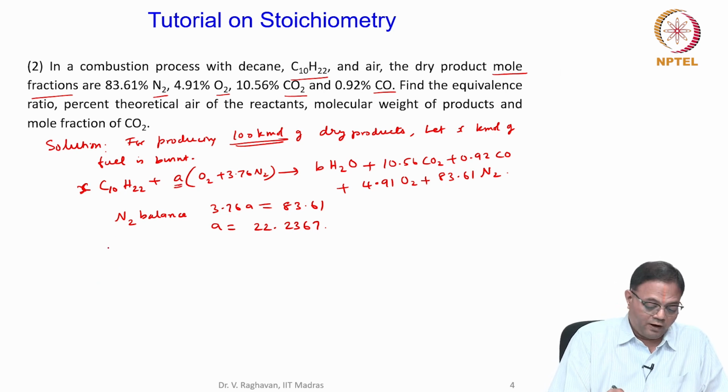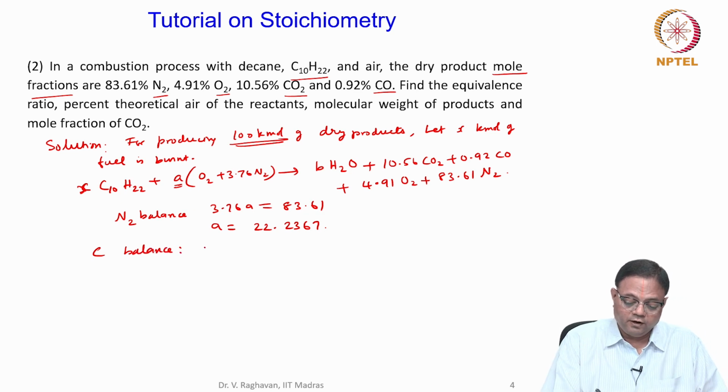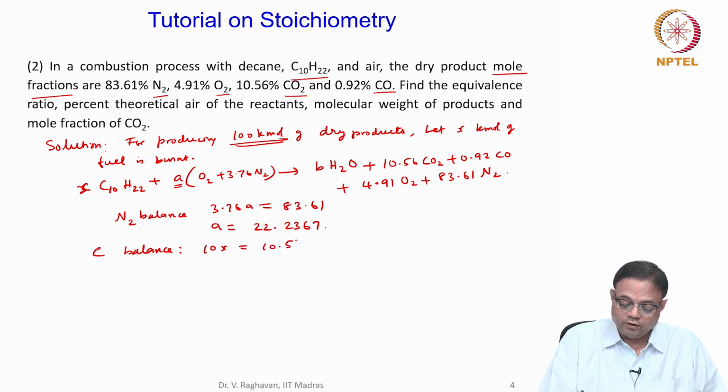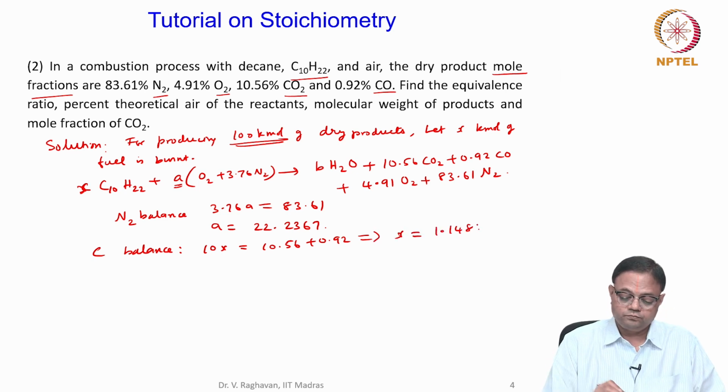Now I will say C balance. That means here 10 into X equal to right hand side 10.56 plus 0.92. That implies I can solve for X, which is equal to 1.148.